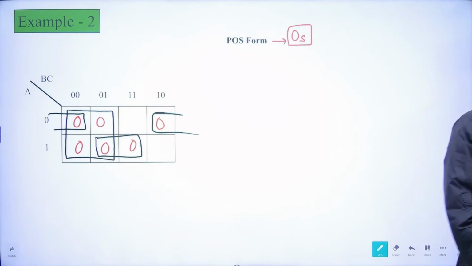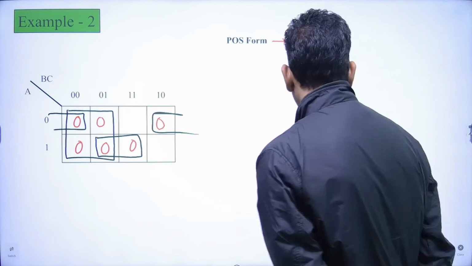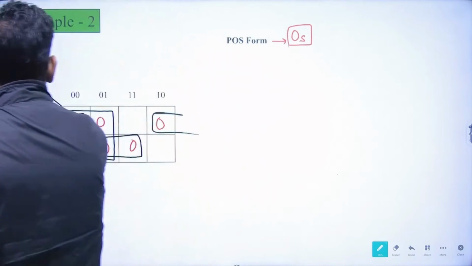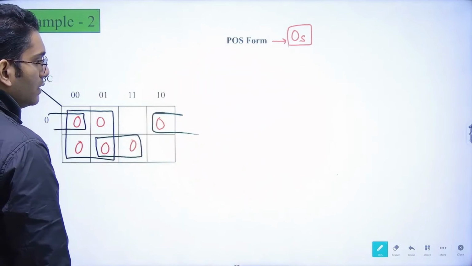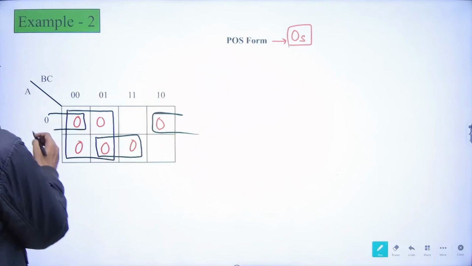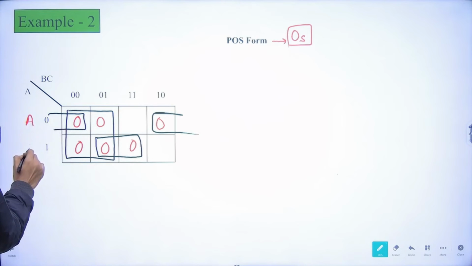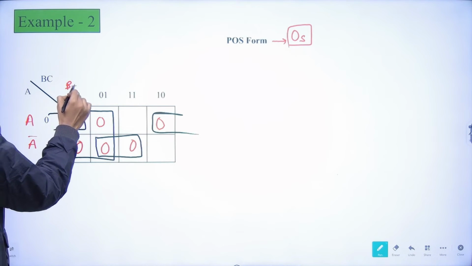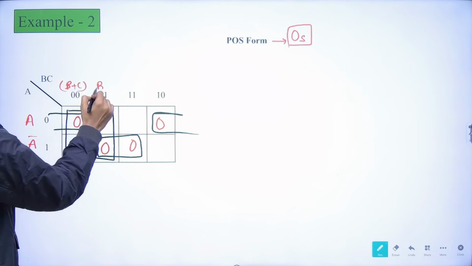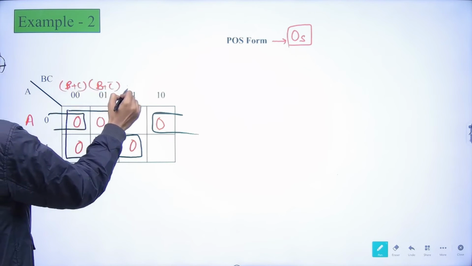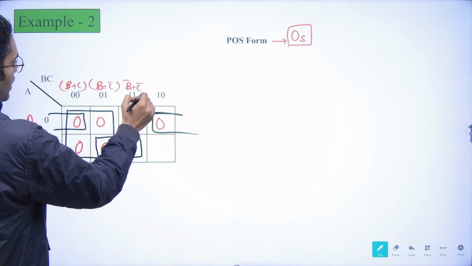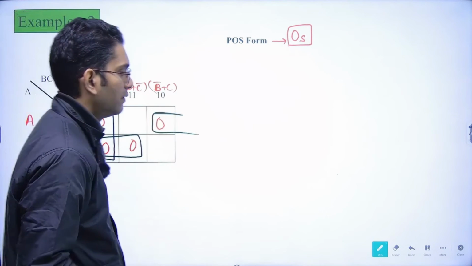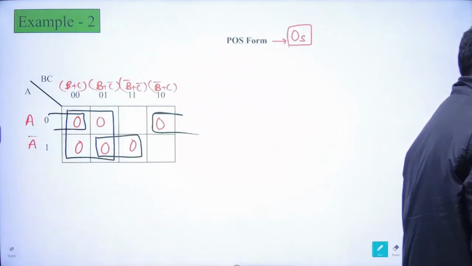Now we have to write the POS format. For the POS format, for 0 it is normal, and for 1 it is complemented. So B plus C, C bar plus C bar, C bar plus C. We would write it like this.